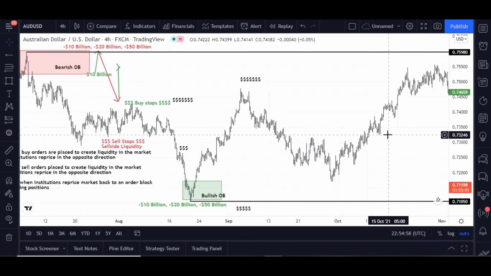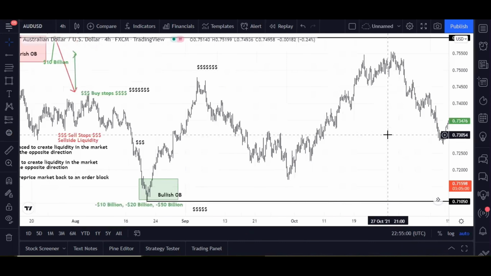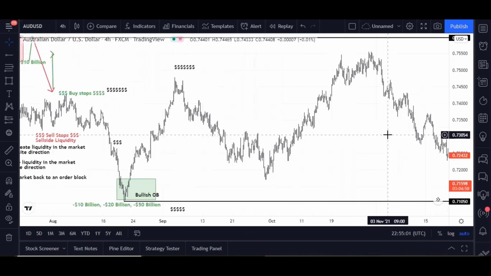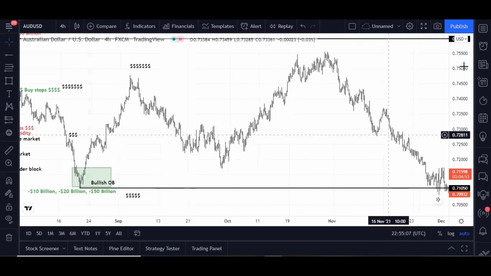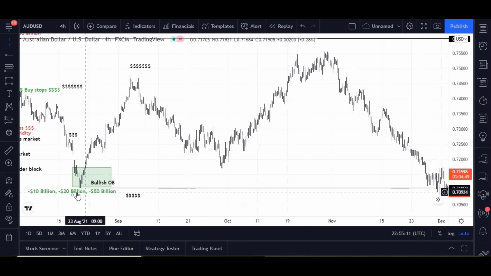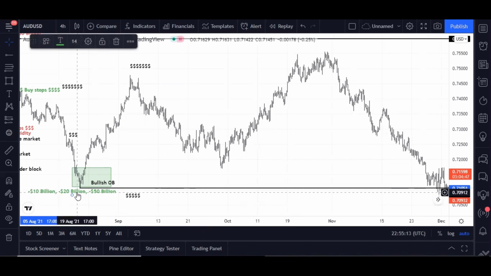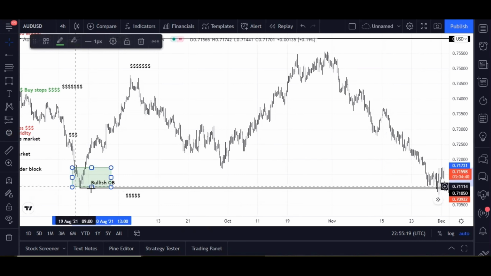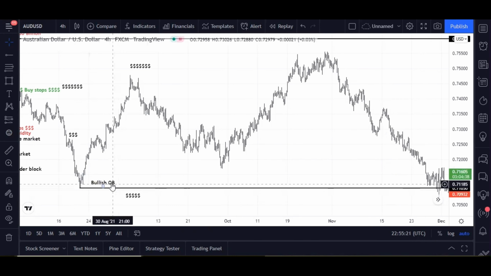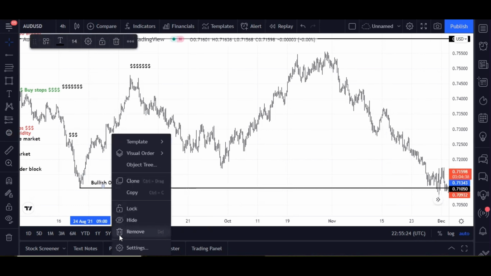And let's see what price continues to do. And price trades in the range, and boom, you see it here. Price came back to mitigate this order block and to close these negative positions. So now this order block has been mitigated, right? Institutions are not negative here anymore.